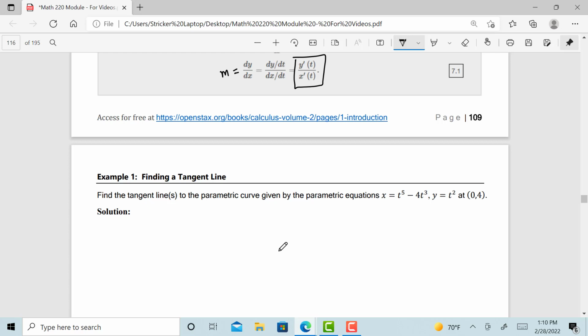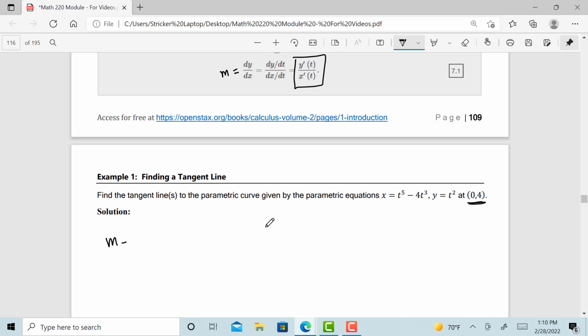It says find the tangent line to the parametric curve given by the parametric equations x equals t to the 5th minus 4t to the 3rd, and y equals t squared, at the point (0, 4). So what are those two things we need again? We need a point. Oh, we already have that. That's good. But we also need the slope.